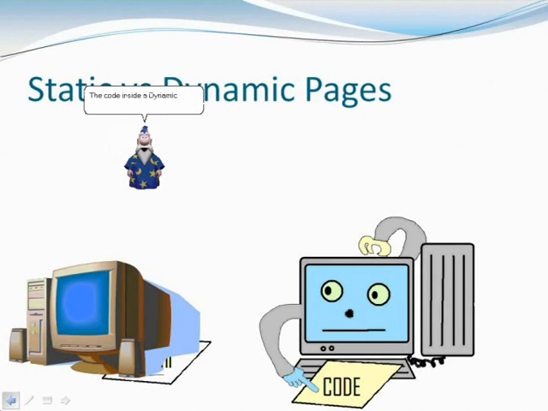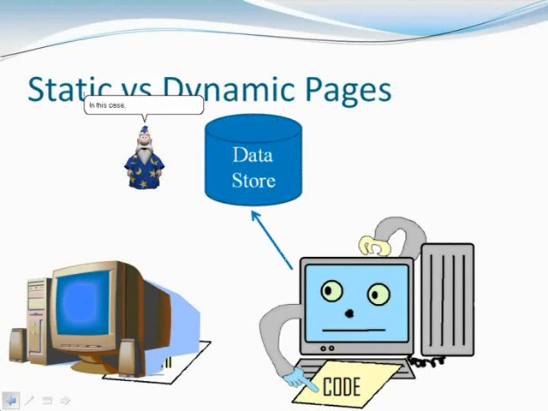The code inside a dynamic web page could do many things. For example, it could connect to a data store to retrieve some information. In this case, the code would need to provide a mechanism or instructions to create the connection to the data store, and then get the data requested.